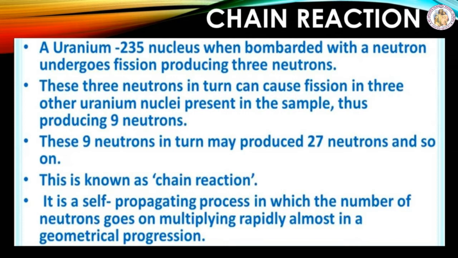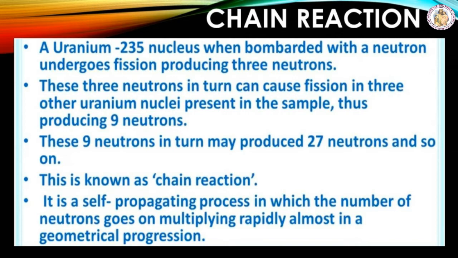Again these neutrons cause fission in other uranium nuclei, producing more neutrons. So this is the chain process. These 9 neutrons in turn may produce 27 neutrons and so on. This is known as chain reaction.